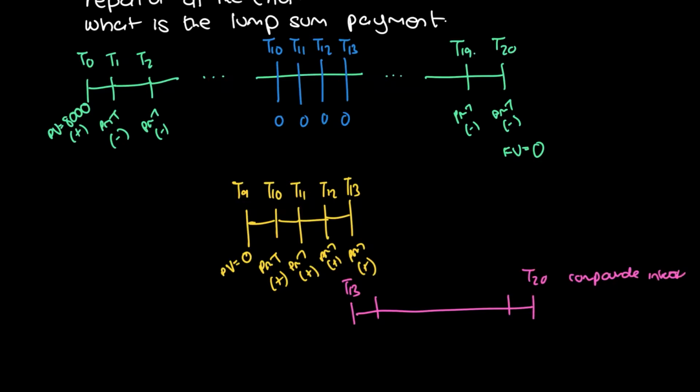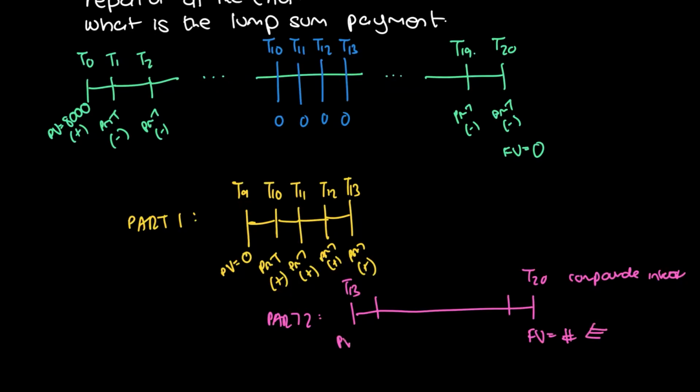Okay, so we have our annuity for part 1. Let's write part 1 here. And then we have normal compounded interest for part 2. Now let's fill in the information we need for part 1 so that we can get the information we need for part 2. But before we do that, let's just acknowledge that there will be a future value here, and that future value is going to be what we owe.